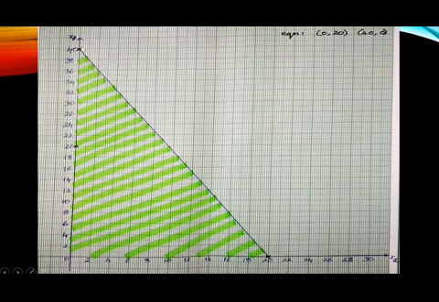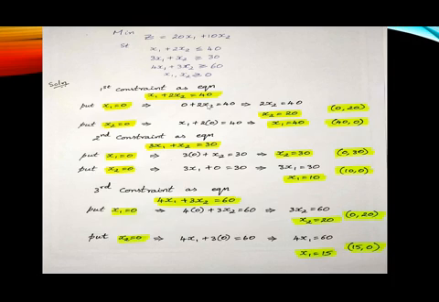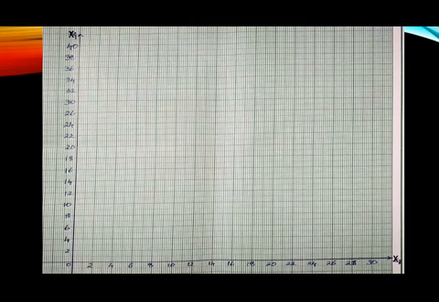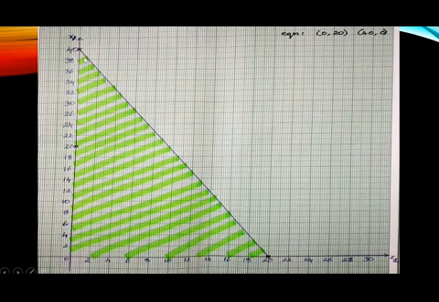When I get these two coordinate points, (40, 0) here and (0, 20) here, I join them with a straight line. The constraint was of less than or equal to type, so below the line or to the left side of the line, I am supposed to shade. So to the left side of the line, or the region below, I am shading it.